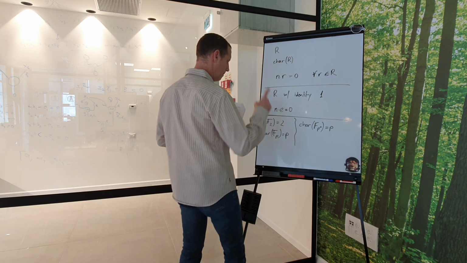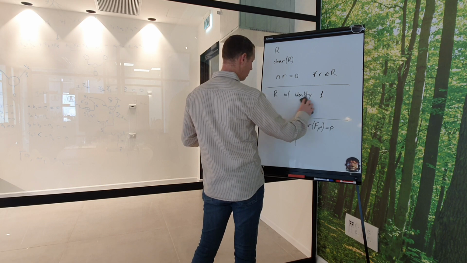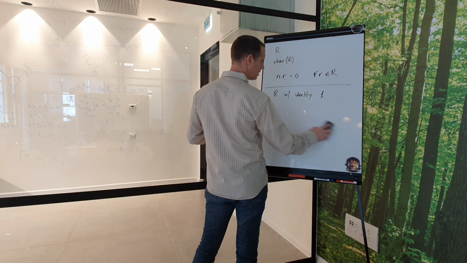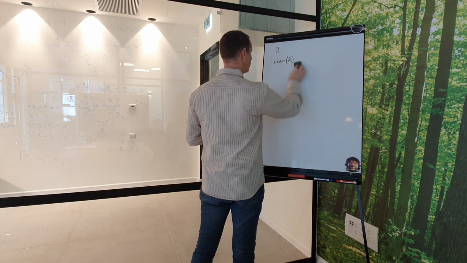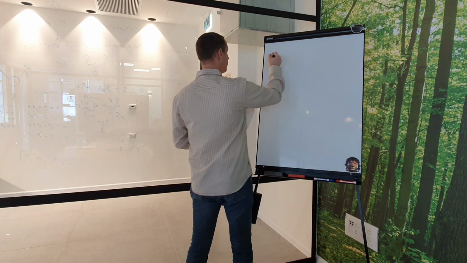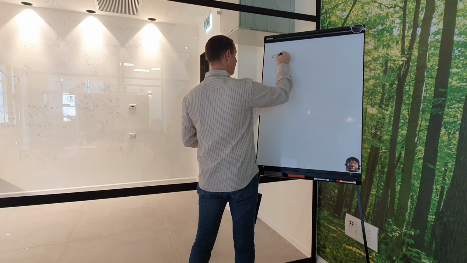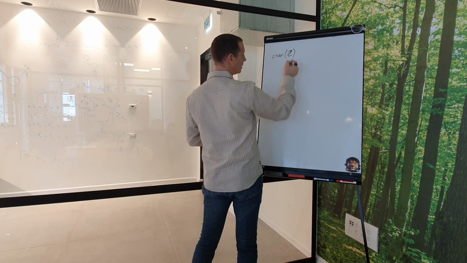All right, one thing, characteristic, and this is just a definition. So, for example, if I ask you, what is the characteristic of Z? Z is a ring, right?